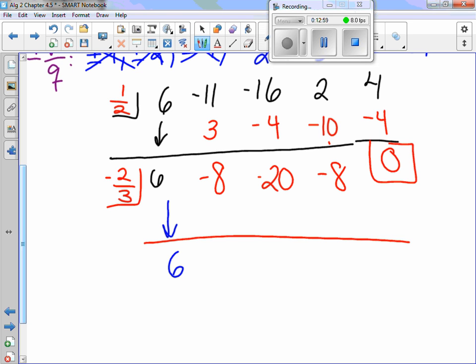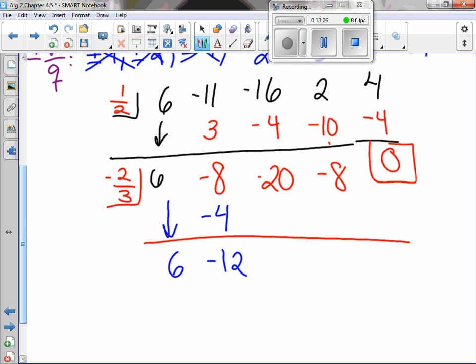Now, negative 2/3 times 6, well, we did this one earlier. Almost. But this time it'll be negative 4. Well, negative 8 plus negative 4 is negative 12. So now we can do negative 2/3 times negative 12.